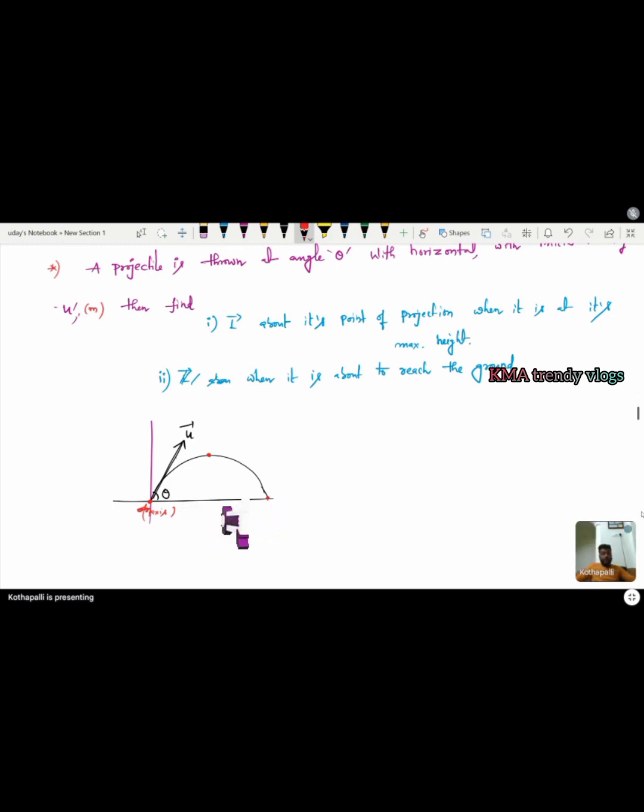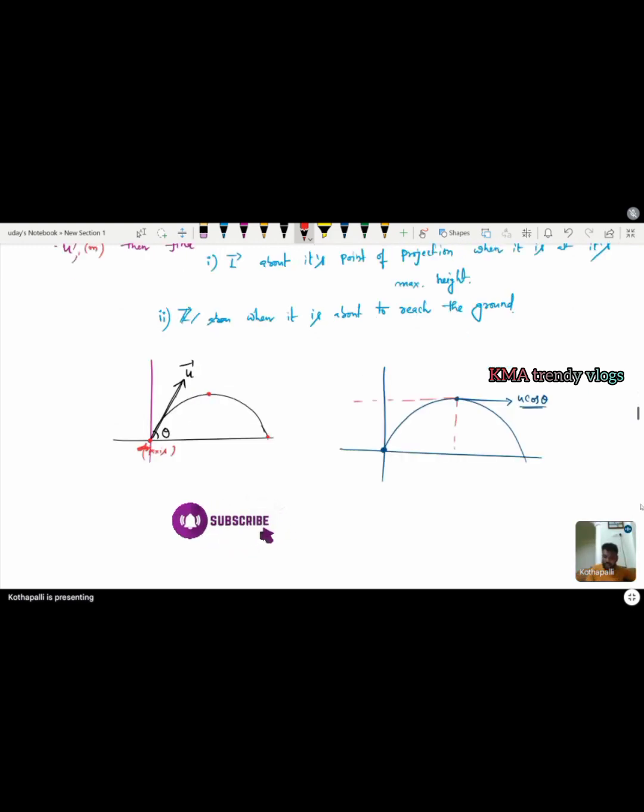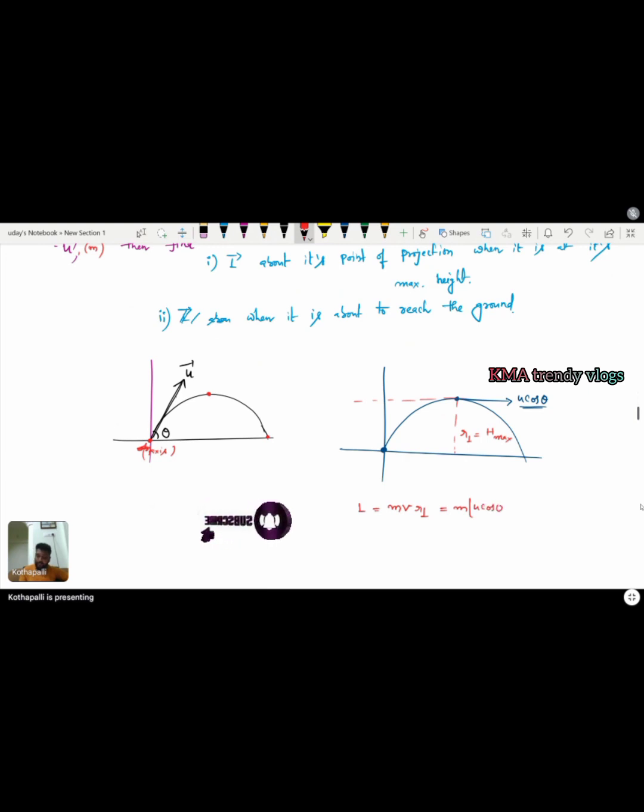Think. And the perpendicular distance, what is this perpendicular distance? Maximum height, then. Maximum height only, no. For angular momentum, I can say m v r perpendicular. m v is what? Velocity at that instant. r perpendicular is what? Maximum height.